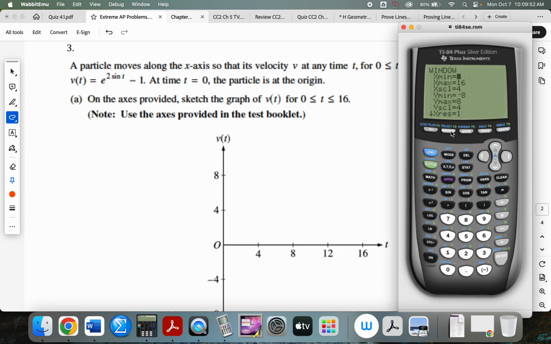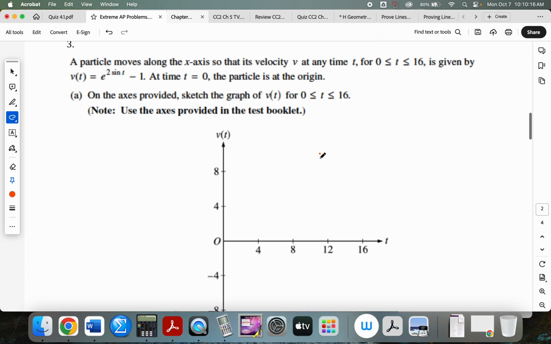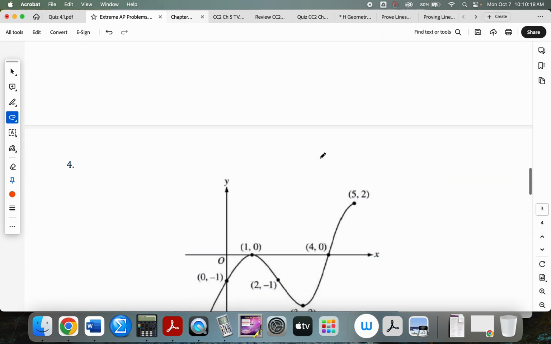I'm going to change my window so that my y just goes from -1 to +1. Yeah, it's never negative. It's never moving to the left. All right, moving on.